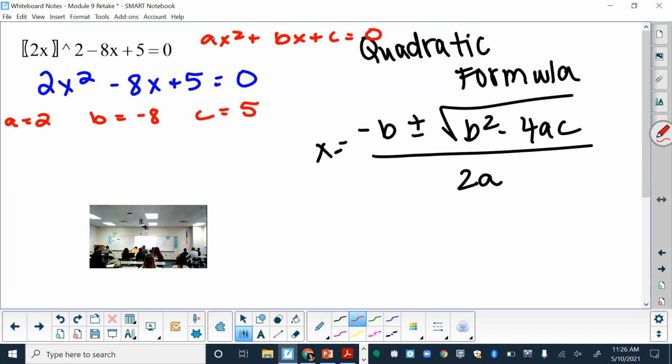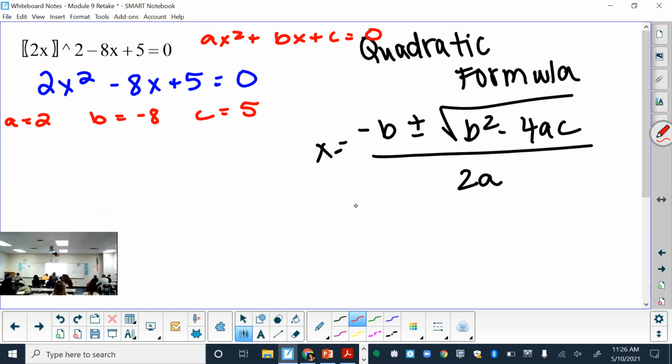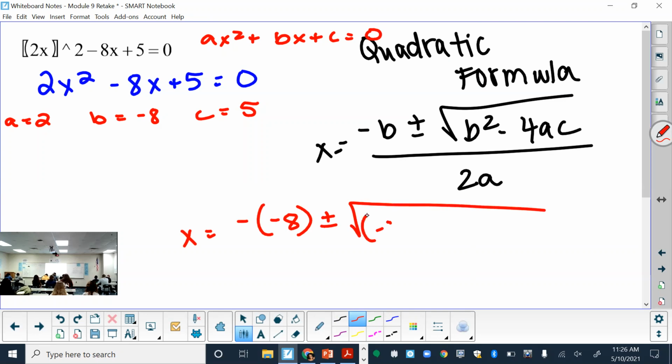So plug it into the formula. Make sure you use parentheses. So I have x equals negative b, so negative 8, plus or minus the square root of b squared, so negative 8 squared, minus 4ac.